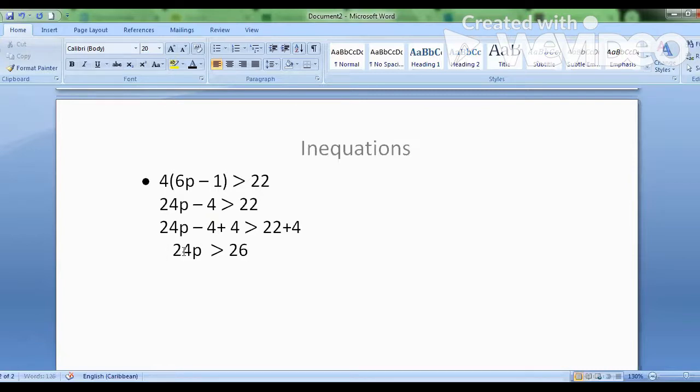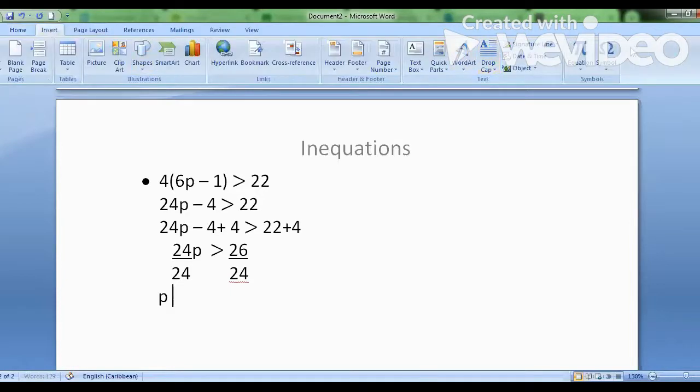And we divide everything by what? By 24. So P is what?